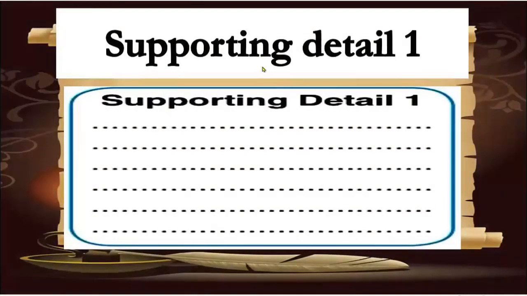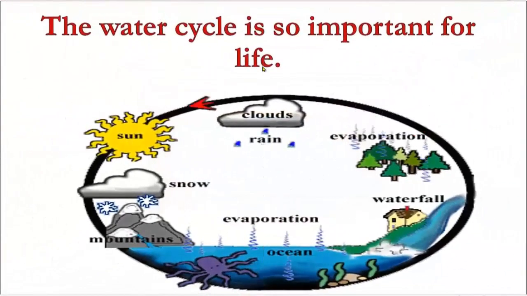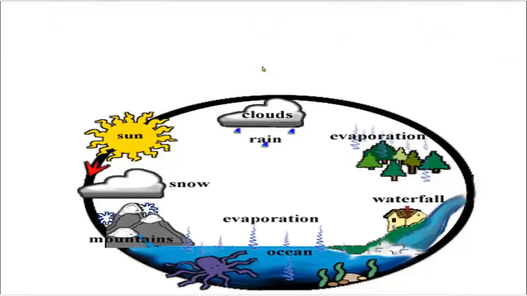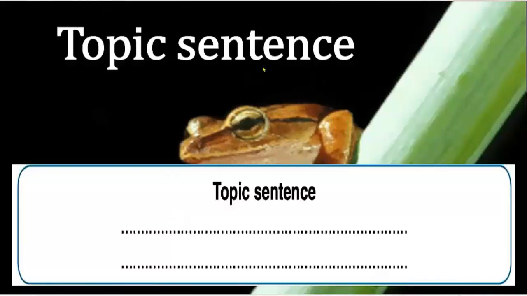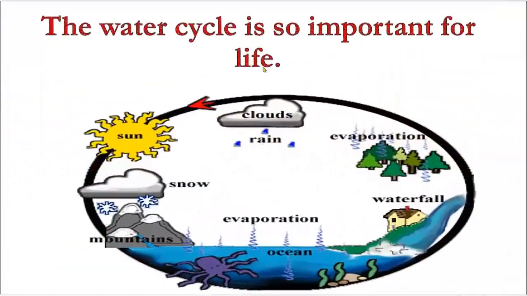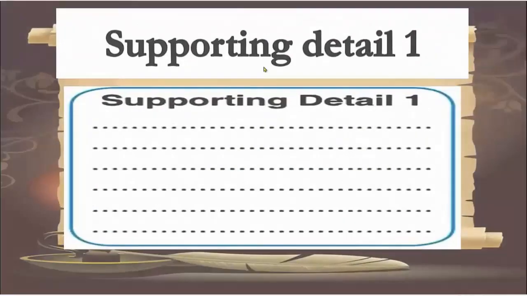Okay, please write this sentence. Let's read it again. This is the first sentence. We call it the topic sentence. Okay. The water cycle is so important for life.